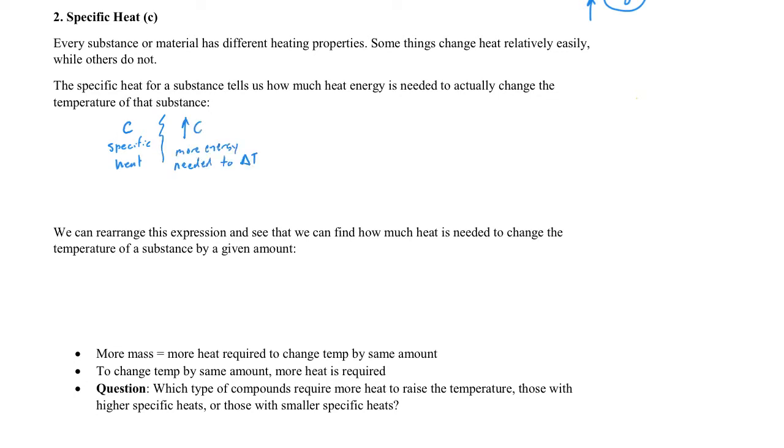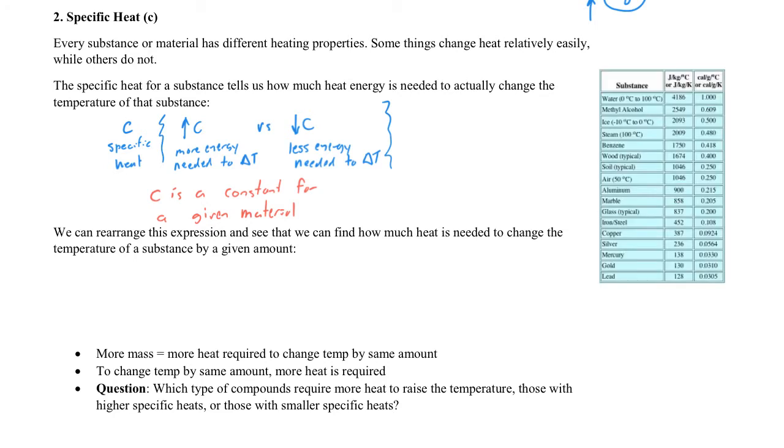So a higher specific heat means it requires more energy for a temperature change than something with a lower specific heat. Now, one note about specific heat is that it is a constant for a given material. So different materials have different specific heats, and of course these are based on their thermal performances or the ability for them to conduct heat when the temperature changes. And in general, we expect things that are better conductors to have lower specific heats than things that are poor conductors, which have really high specific heats.